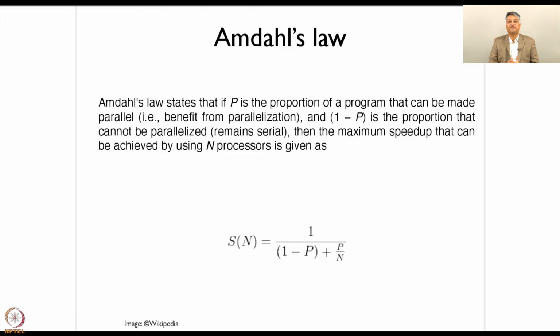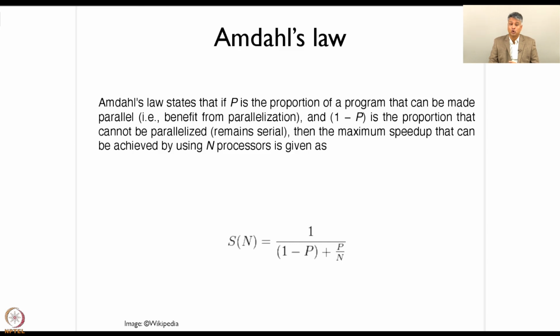Amdahl's law states that if P is the proportion of a program that can be made parallel, remember that every task that you have can be broken down into two parts, the one which can be parallelized and one which necessarily cannot be parallelized. Going back to the example of the bag of integers, computing the local sum amongst n people is a task which can be parallelized.